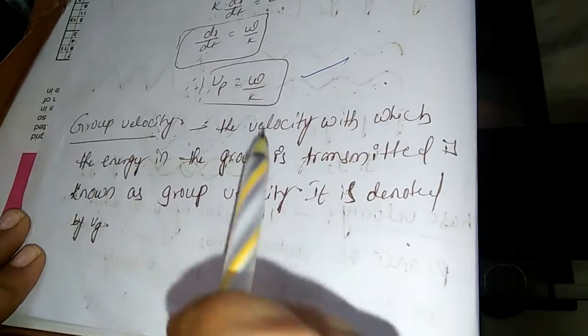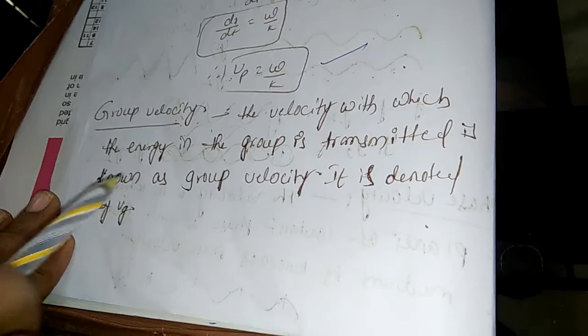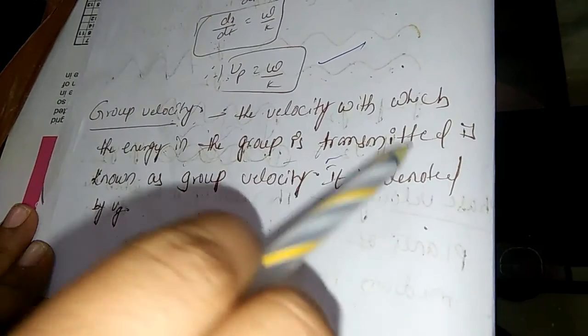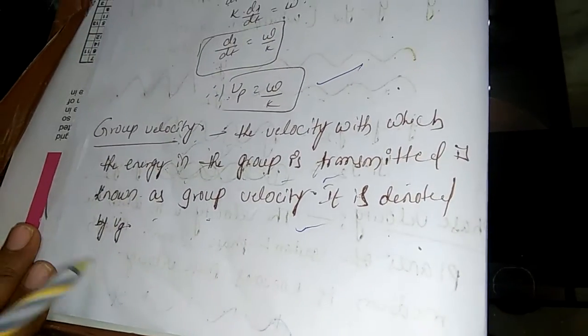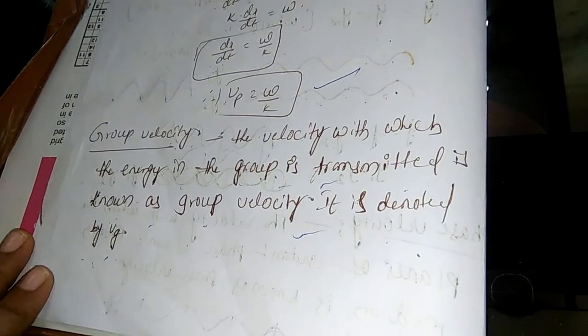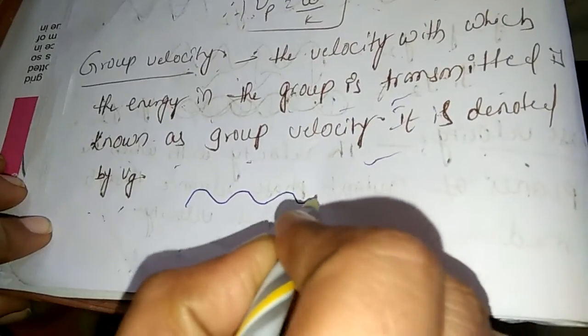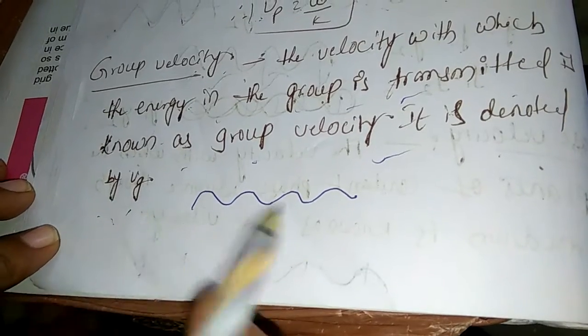Next, group velocity. Group velocity means the velocity with which energy in a group is transmitted, denoted by Vg. Suppose a single wave travels with some velocity and some phase.